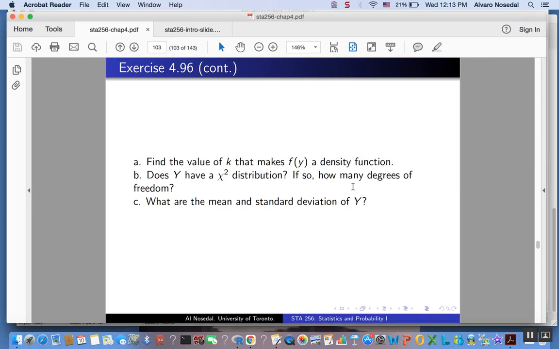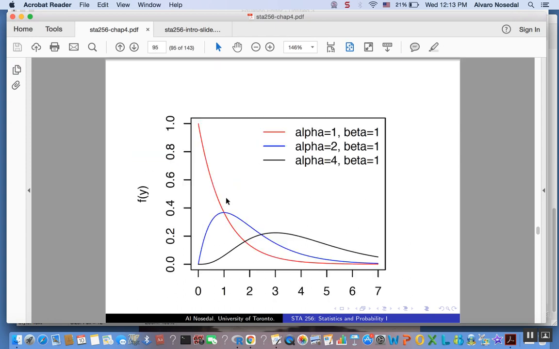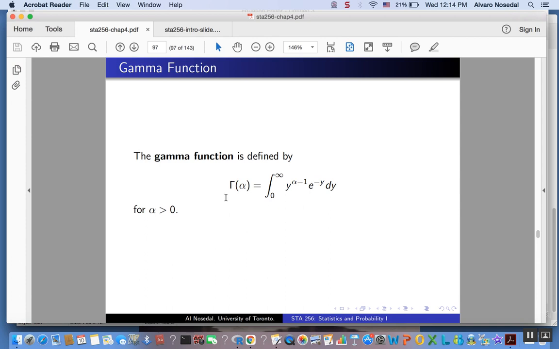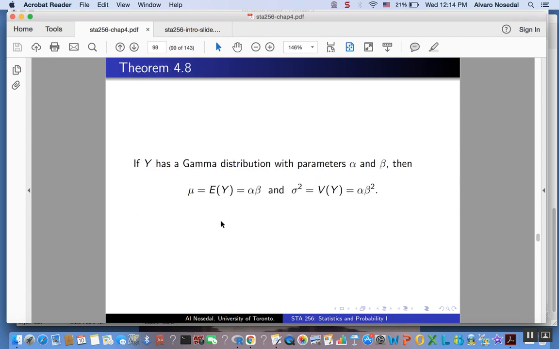And then finally, the mean and the standard deviation of y. So remember that we showed that the mean and the variance of a gamma distribution are given by these formulas. So we can use them to find the expected value of a chi-square. It's just a particular case.